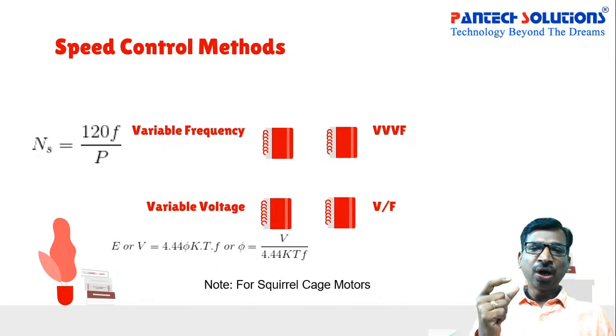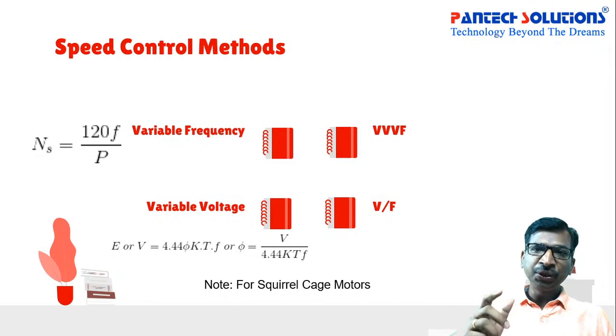Similarly, if you adjust the pulse width, we can adjust the voltage to the machine. In that way, we can get a variable voltage. And the third one is variable voltage and variable frequency, where you have to adjust the magnitude as well as the frequency. In that case, you can get a variable voltage and variable frequency.